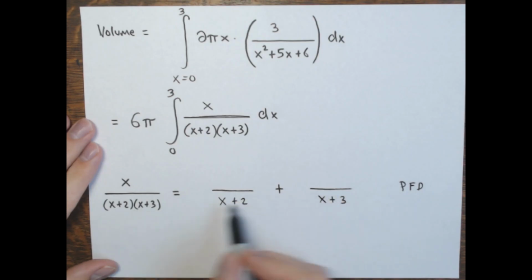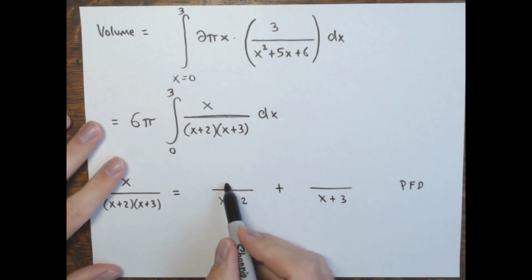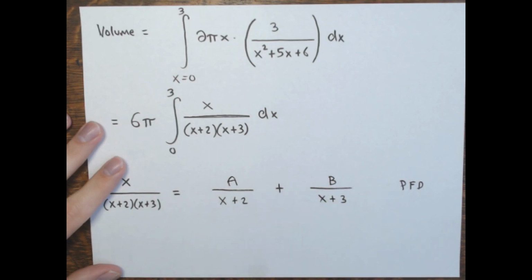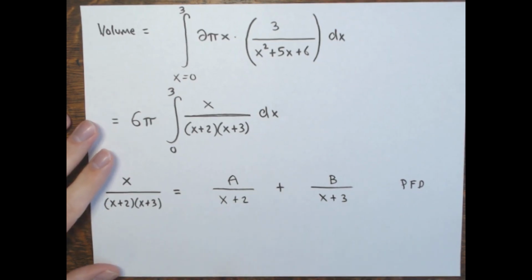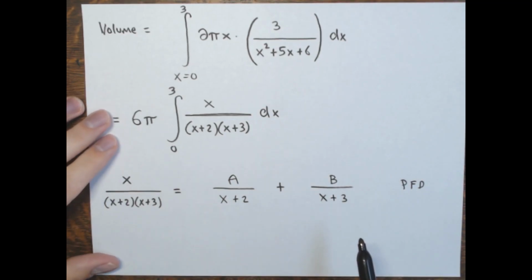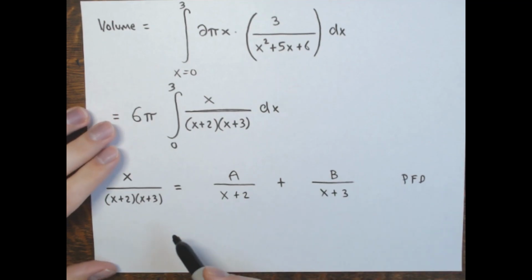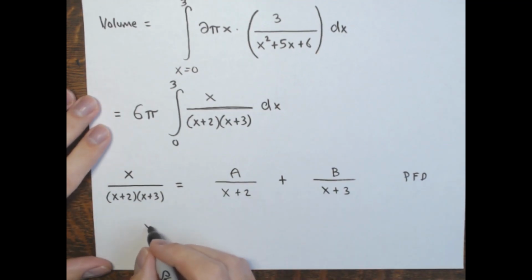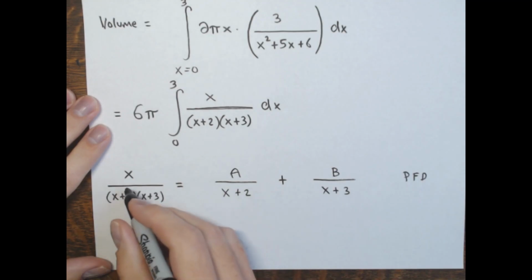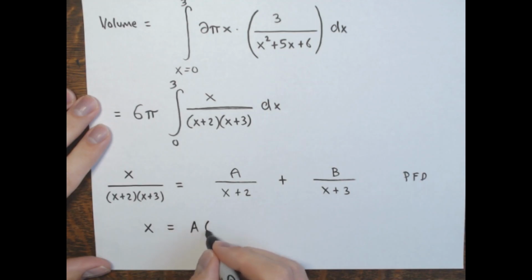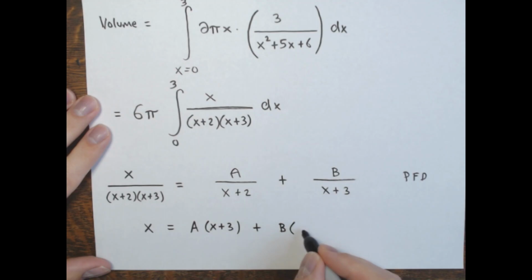Once again, these are all powers of linears, so I'll just need constants in the numerators, right, to keep them proper, A and B. And then multiply by the denominator, since this is an identity with polynomials involved. If I do that, we'll have x on the left, A times x plus 3 plus B times x plus 2 on the right.